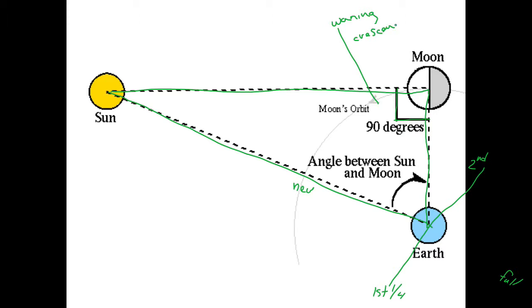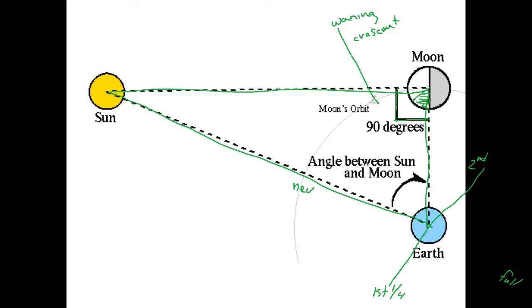So it's not quite waning crescent, but if you make careful observations, you can figure out exactly what fraction of the moon's surface you should be able to see, and you wait until that exact phase of the moon, and you get this configuration. Once you have that configuration, you have a right triangle.